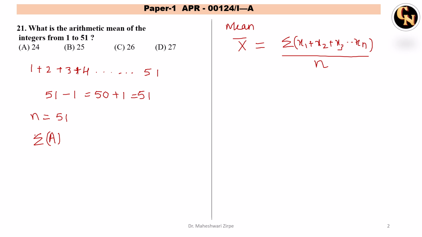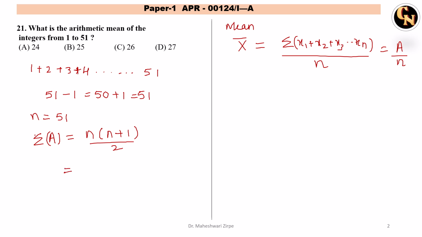So if we denote the summation by a, the formula of the mean will be a upon n. The summation a is equal to n into bracket n plus 1 upon 2. So we can use this formula to find the sum of all the integers.